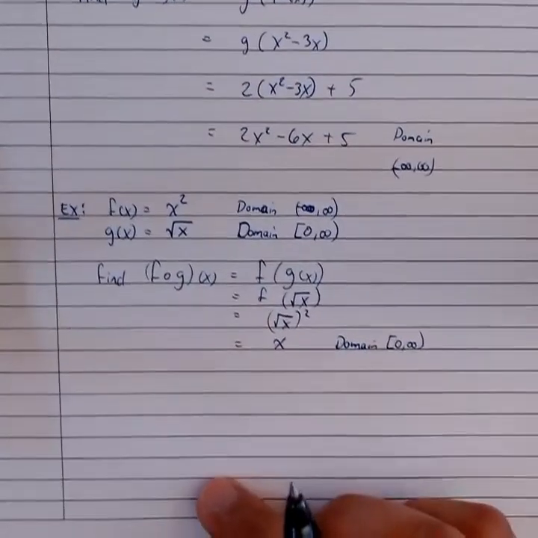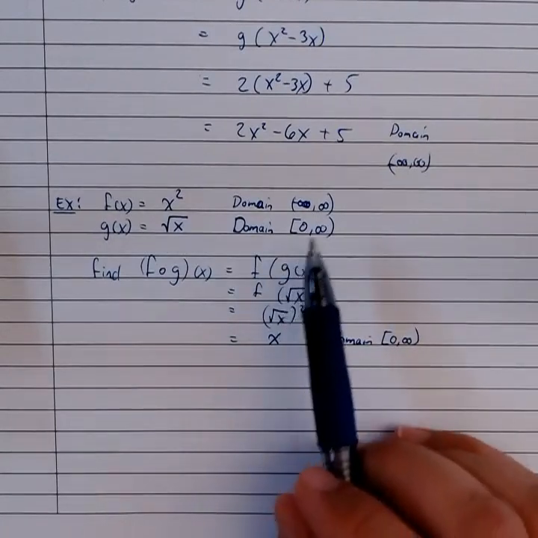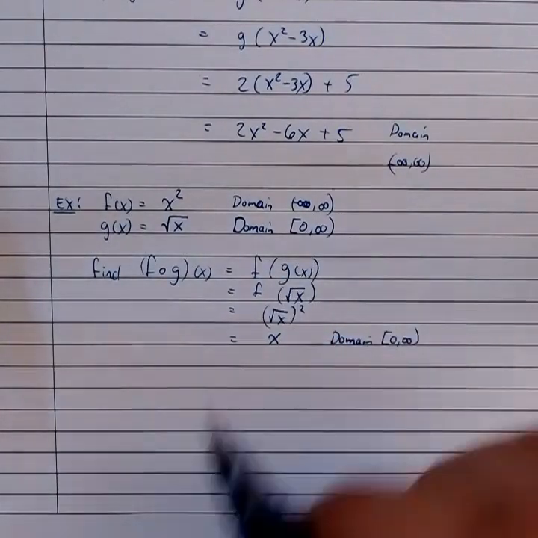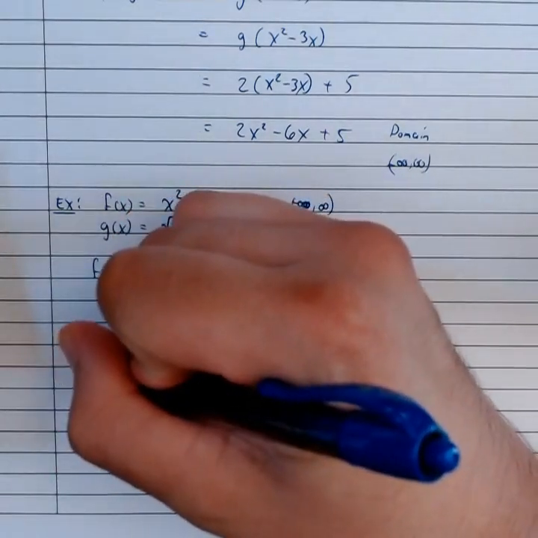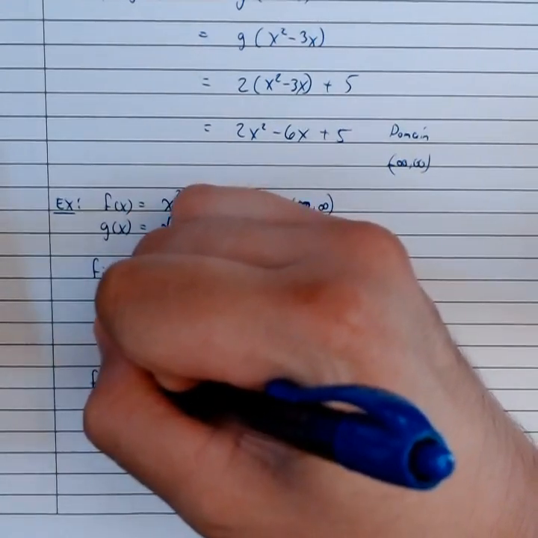If that doesn't quite make sense, if you're not quite sure why we're limiting some, let's go ahead and plug in just a couple of numbers, which hopefully will illustrate why that is. Let's say I wanted to find f of g of 2.